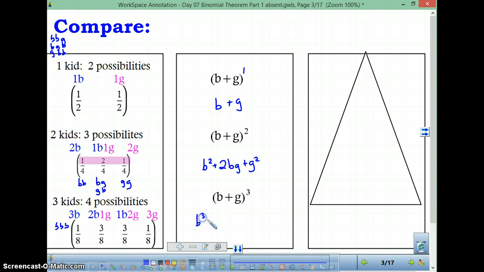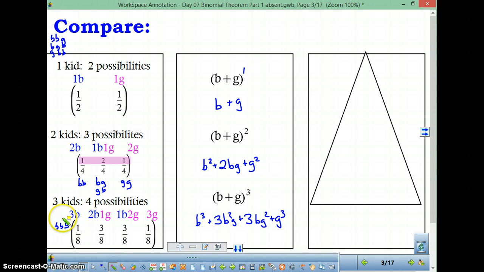B plus G cubed is B cubed plus 3B squared G plus 3BG squared plus G cubed. Once again, do you see these numbers in here? Coefficients. What else do you know about this?